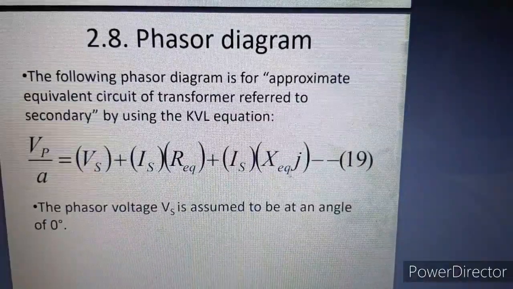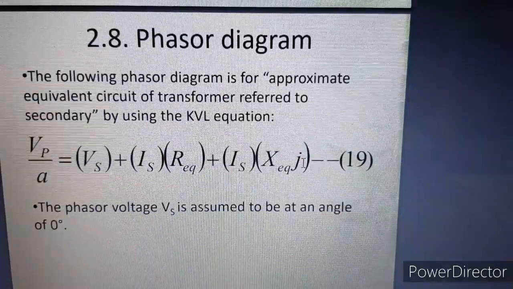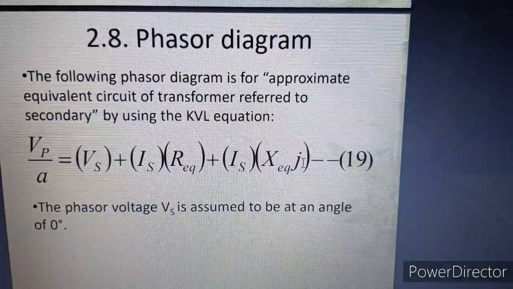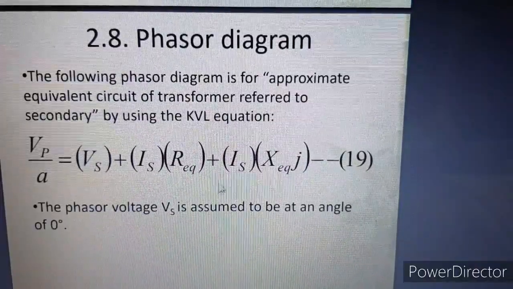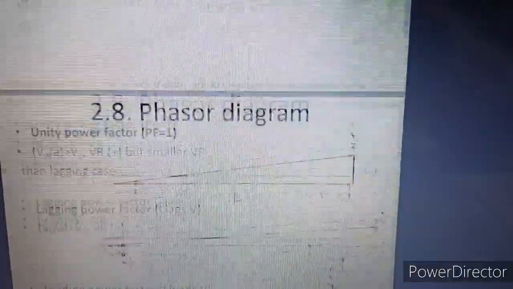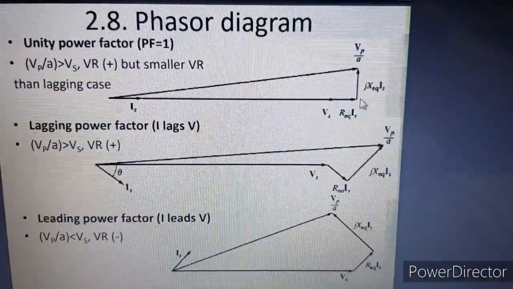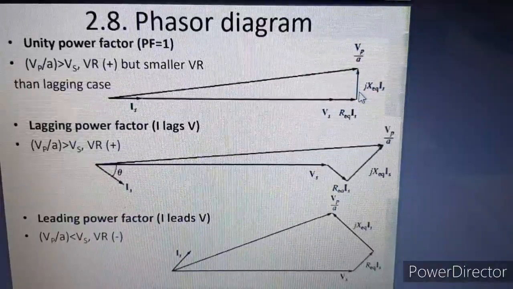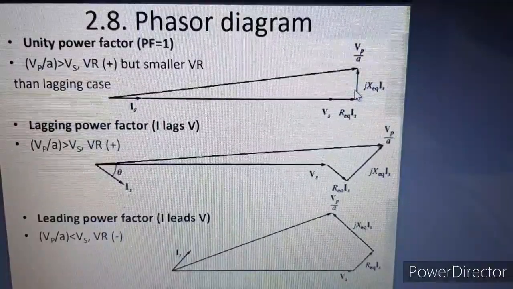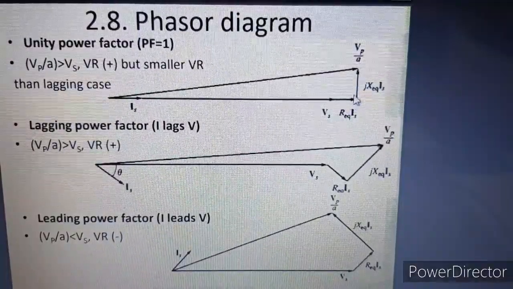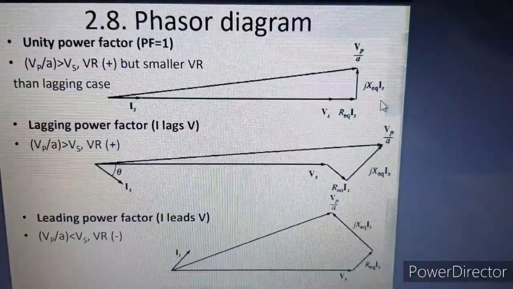But since we have j, you just need to find a phasor at 90 degrees from the previous term. In this case, the second term is R equivalent Is. Because the third term is multiplied by j, take the phasor 90 degrees to R equivalent Is. That will be your j X equivalent Is.